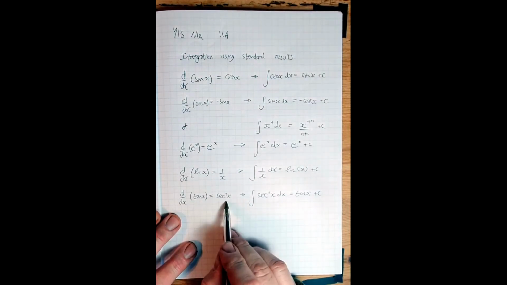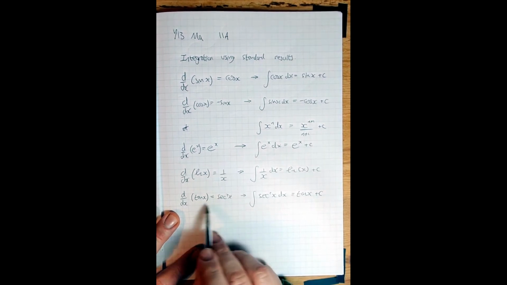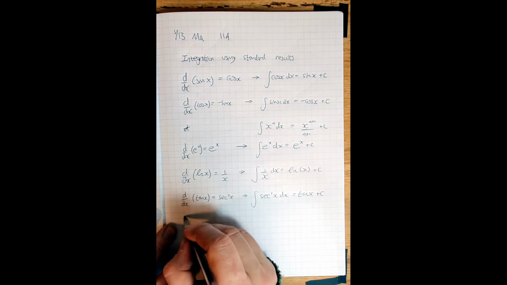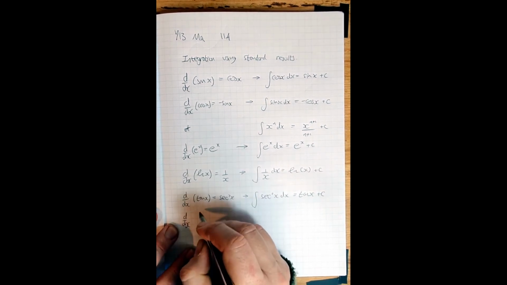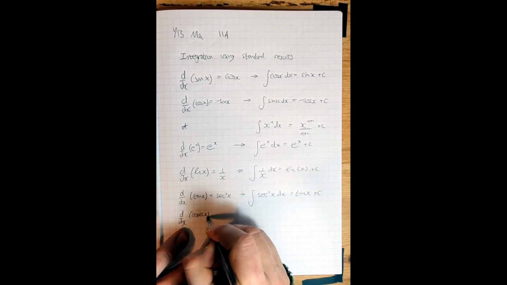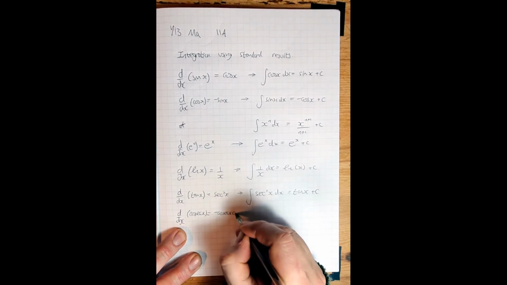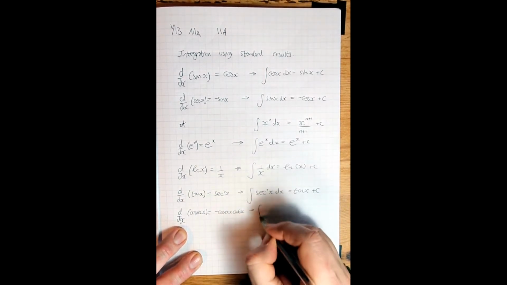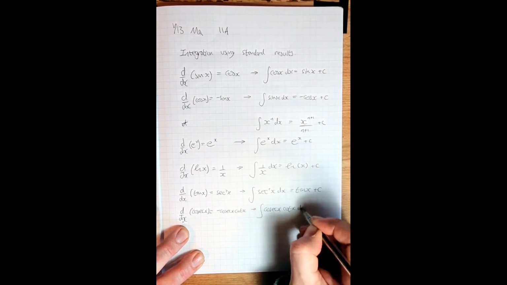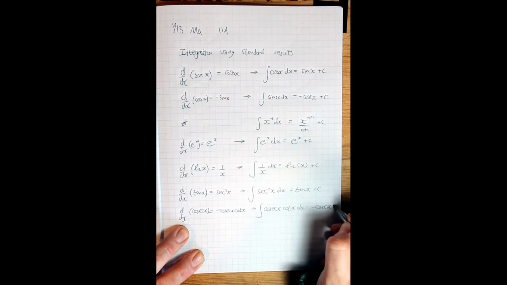So although this is given in the differentiation section of the formula booklet, we can also use the results for the integration. What else are we told? We're told that cosec x differentiates to minus cosec x cot x, and so we can say that cosec x cot x integrates to minus cosec x.